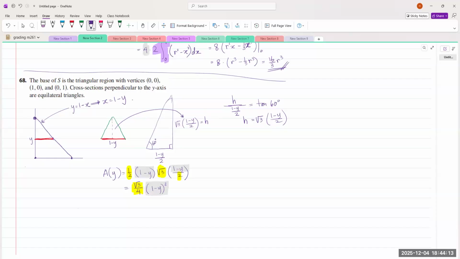So the volume is equal to radical 3 over 4 integral from 0 to 1 of 1 minus y squared dy.